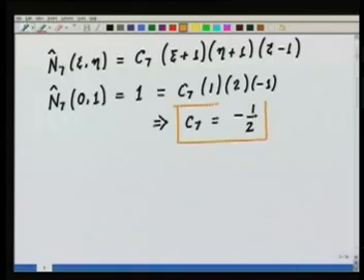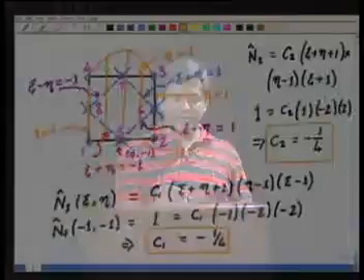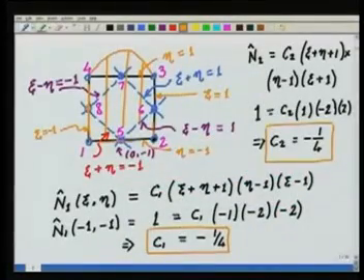Okay. Similarly, I can construct n8. What will n8 be? n8 has to vanish on this edge and this edge, which means n8 will vanish on the edges eta equal to -1, psi equal to +1, and eta equal to +1.